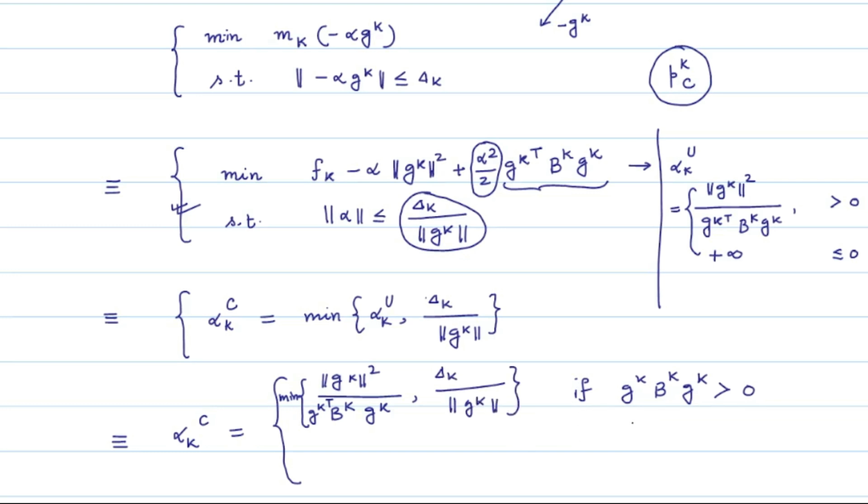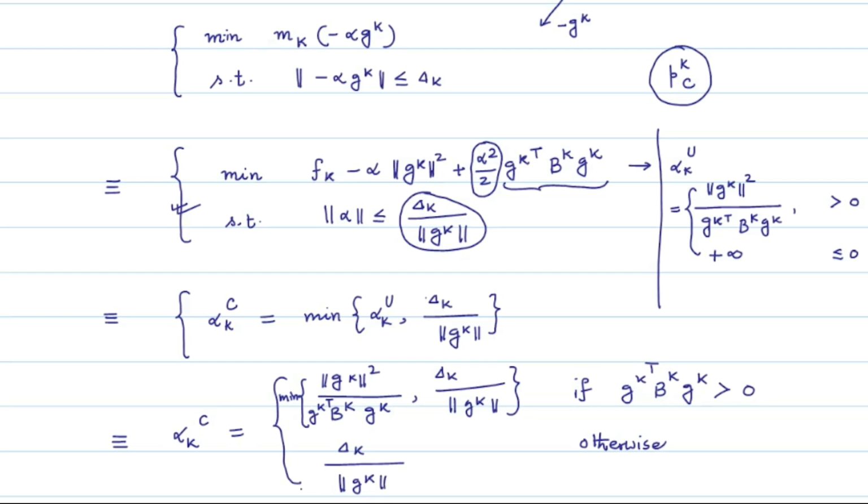And when gk transpose Bk gk is not greater than 0, then the solution will lie on the boundary of the trust region, that is delta k divided by norm gk.